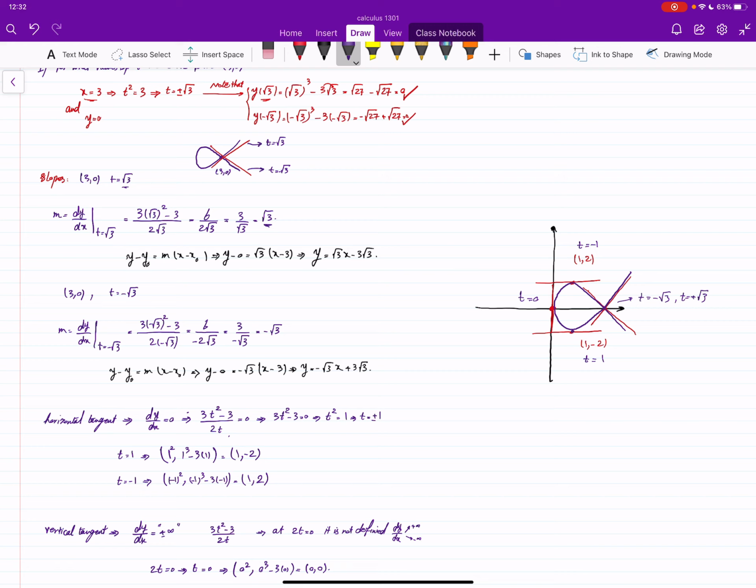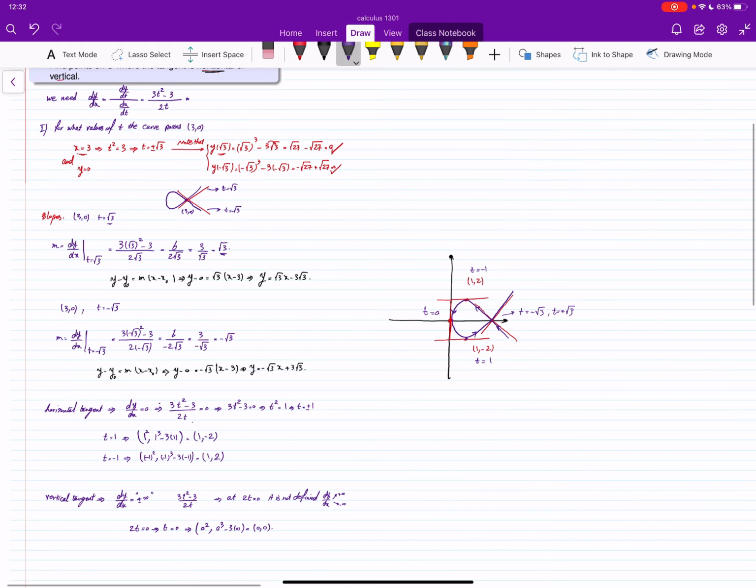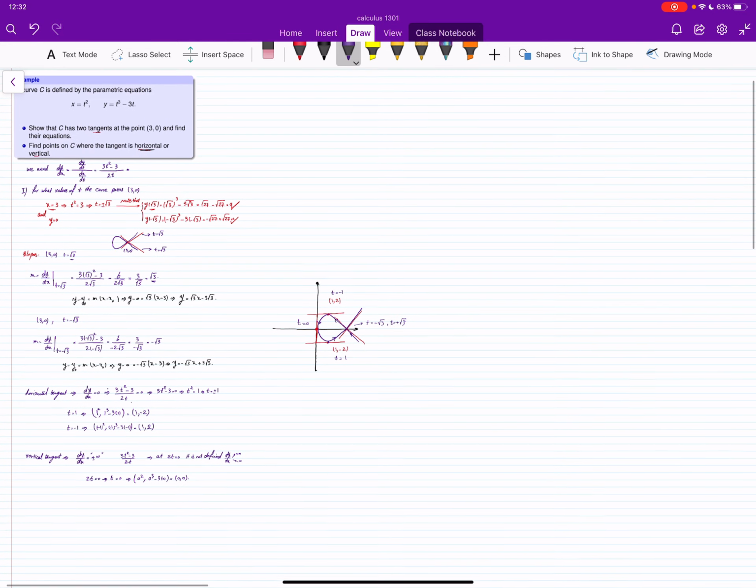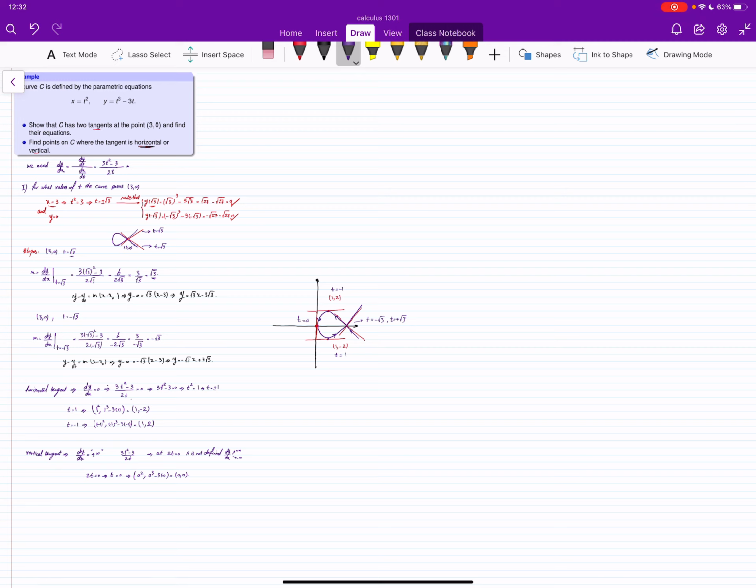And that gives you the direction in which this curve is parametrized. So this will start going this way, go down, and then go up. Okay, that's just an application of how you use the derivative of parametric equations to find different information about the curve.